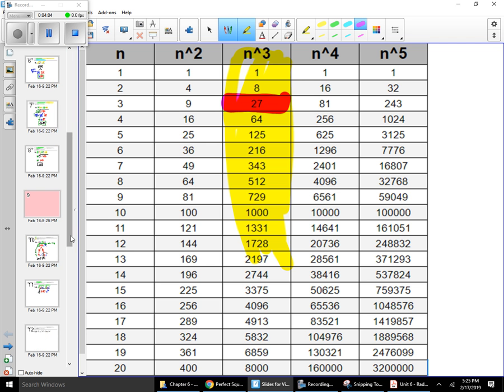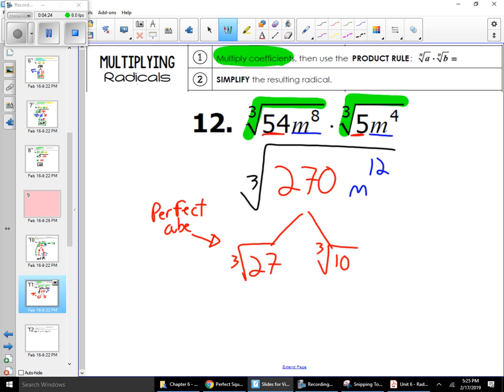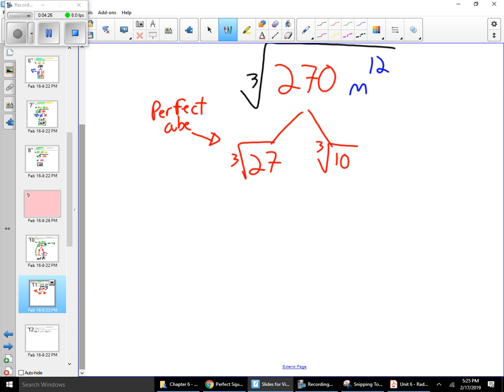So we can break that 270 up into 27 and 10. Again, the 27 is the perfect cube. That's the important one. That's the one that came off of our table. The reason we have the 10 there is because 27 times 10 gets us to 270.